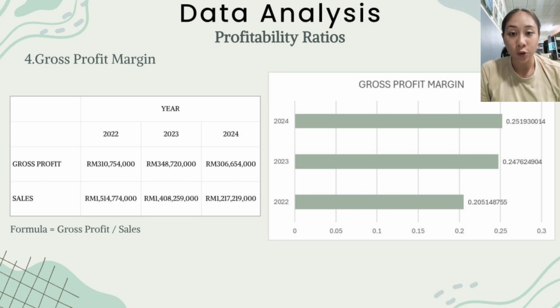Meanwhile, 2023 and 2024 are also quite similar to the net profit margin. This ratio tells how the company controls its expenses to generate profit more effectively. For example, in 2024, the company managed to retain 25.19% of their revenue as gross profit.